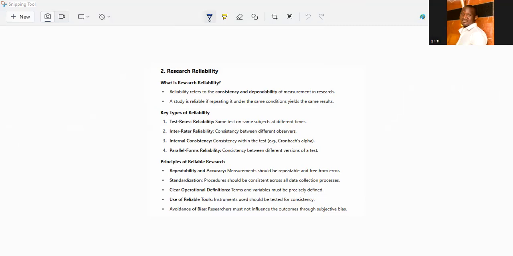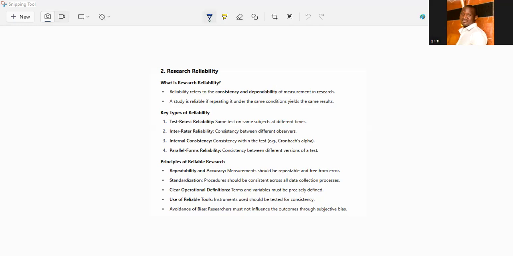We also talked about inter-rater reliability. We are often looking at who? The rater, the observer. So it assesses the agreement between 2 or more independent observers who we call raters. It is usually used in qualitative research, in clinical diagnosis, in behavioral observations. A common statistic that is used when we're dealing with inter-rater reliability is Cohen's kappa or the intra-class correlation coefficient, ICC.